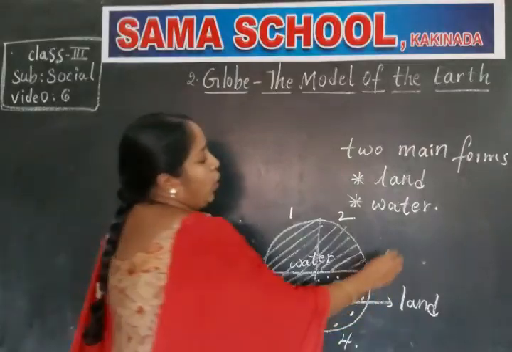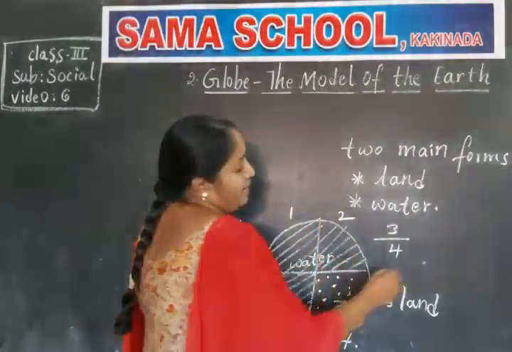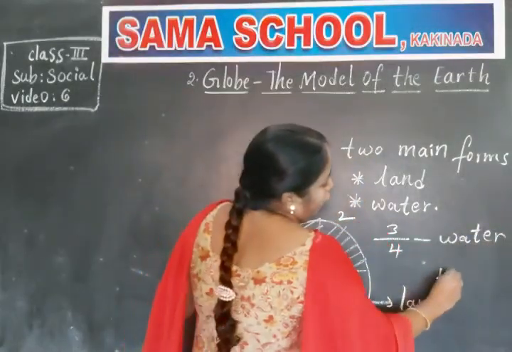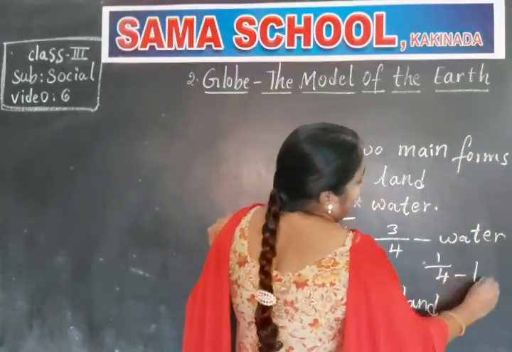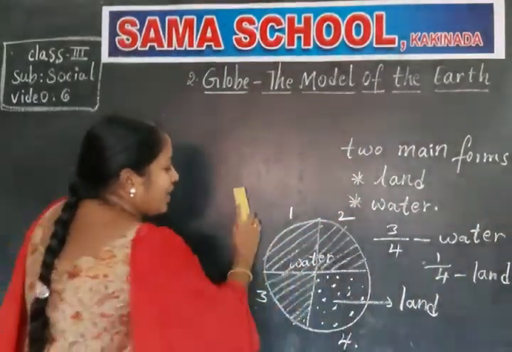That means out of four, three parts are covered with water, and out of four, one part is covered with land. So you have learned all these things in the first lesson.